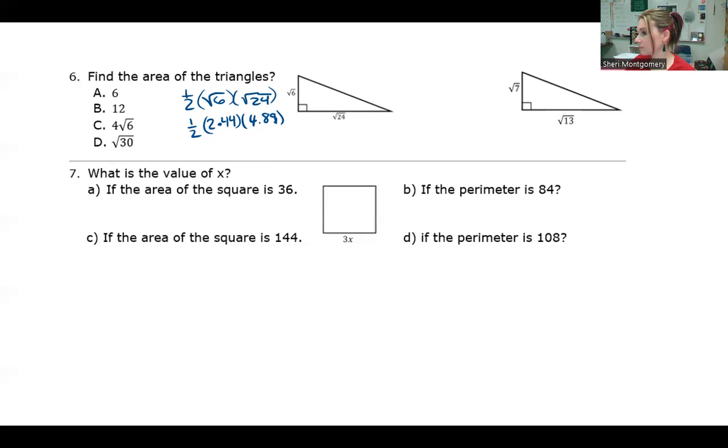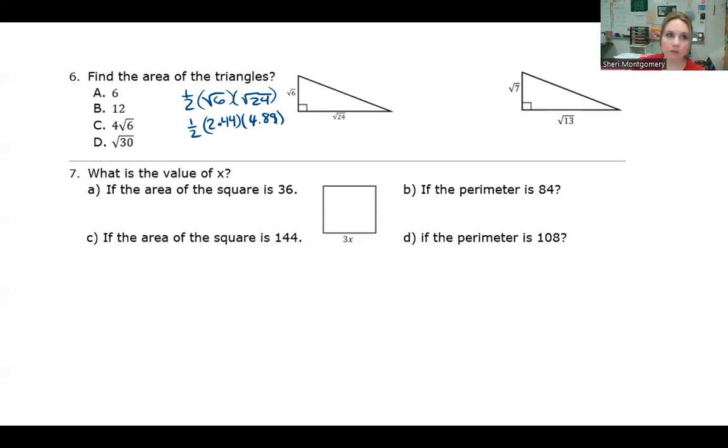You multiply by 1/2. What was it? 11.9? Okay, you got 11 point, hold on. 2.44 times. Okay, but then you've got to divide it by 2. 5.96.